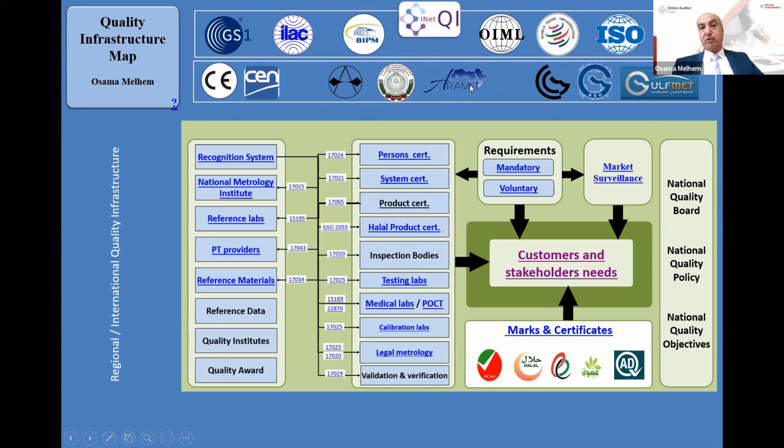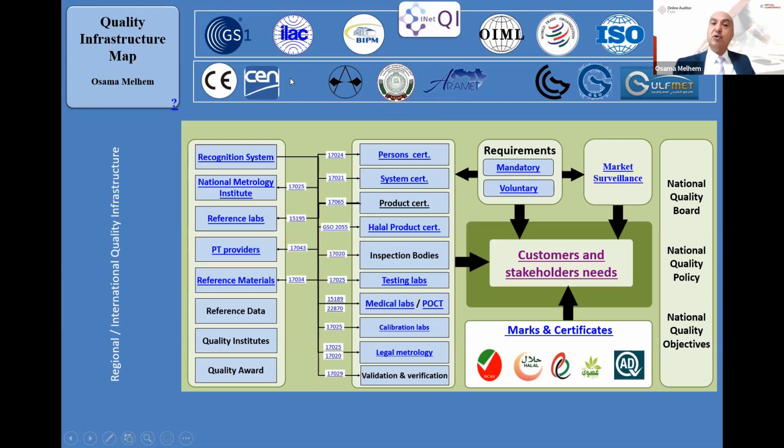For about 21 countries, we have the Arab mark, and we have the ASMO organization. ASMO is the Arab Industrial Development and Mining Organization. And we have also another body for the metrology, which now changed the name and became the Arab Metrology Association. So this is another level of the regional level.